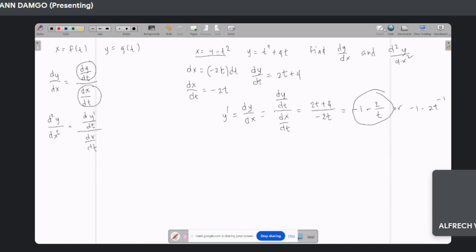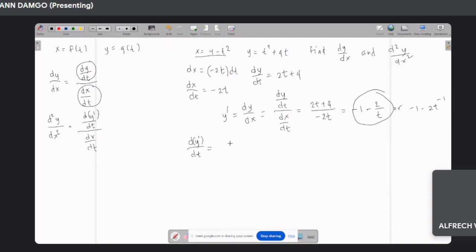So, next, ang atong i-solve is ang second derivative. So, from the definition, this is dy prime dt over dx dt. So, for dx dt, naa na tay value which is negative 2t. So, ang atong pangitaon is dy prime dt. Okay, so we have dy prime dt.